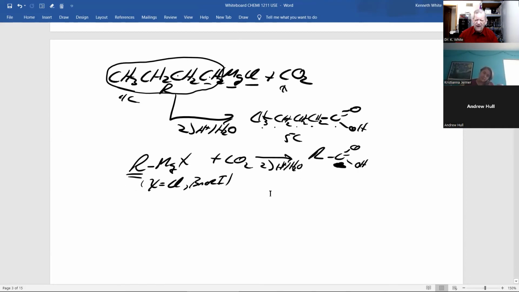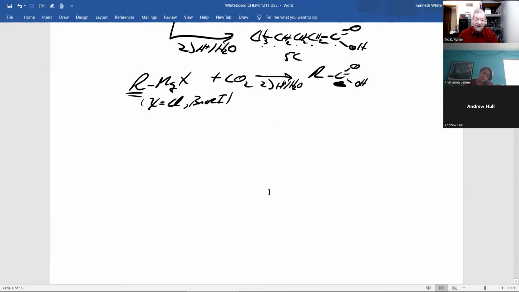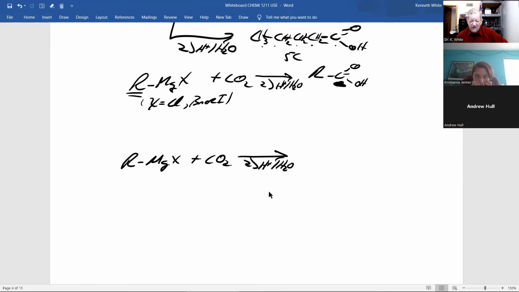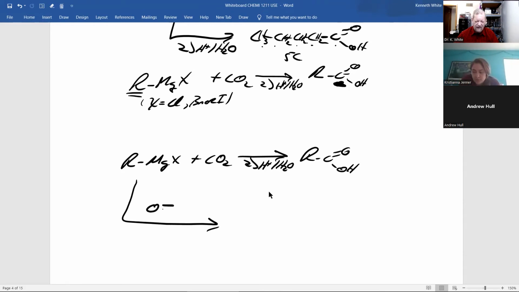Now, one of the things you might want to ask is, this is a rare time I'm going to do a mechanism: how does this reaction work? Dr. White loves Grignard reagents, so I'm going to show you how it works. This will never be on a test. All right, Grignard. Carbon dioxide, I can write like this. If you look at this carbon, doesn't that look like the same carbonyl as a ketone or aldehyde?